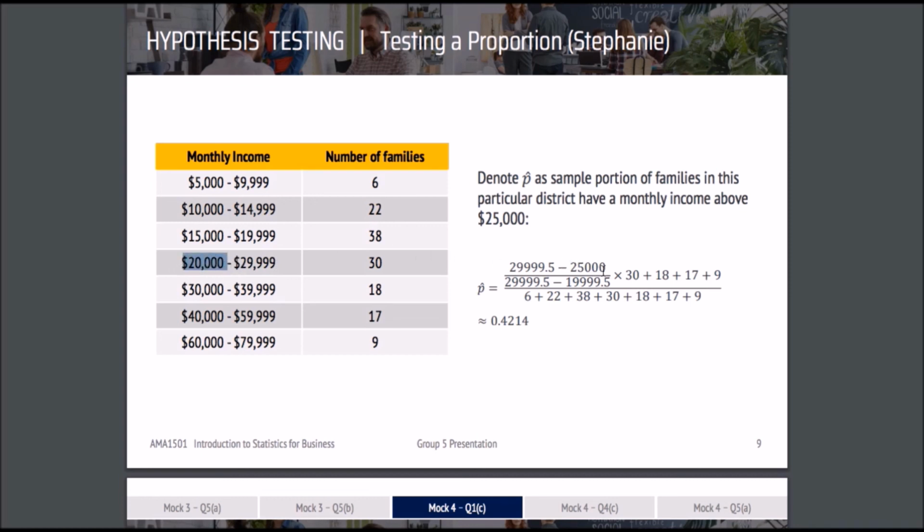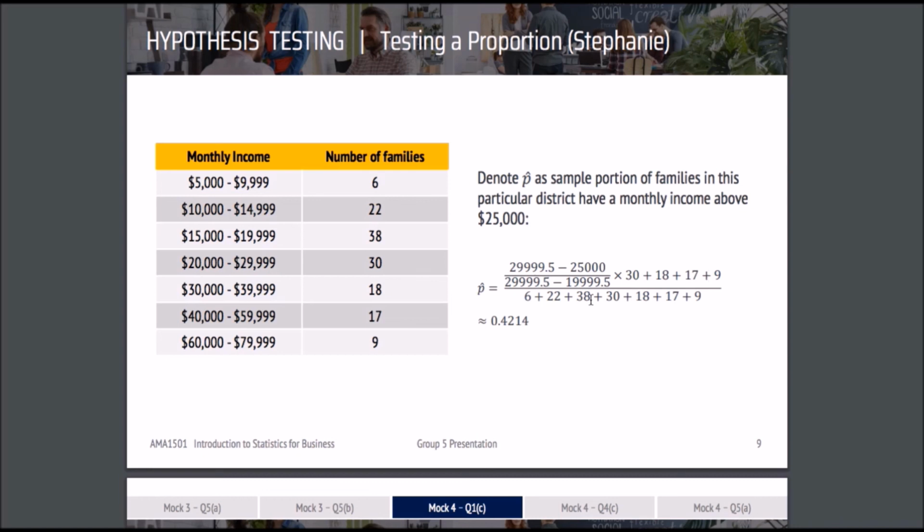The whole number will be times 30, which is the number of families in this class. Since we are finding the number of families having more than $25,000, we also need to add up the three numbers here, which are 18, 17, and 9.